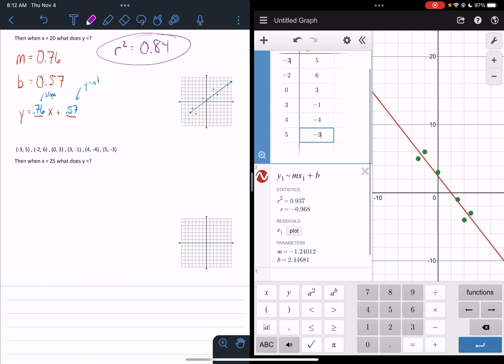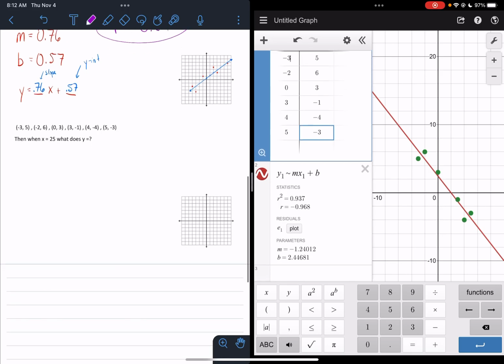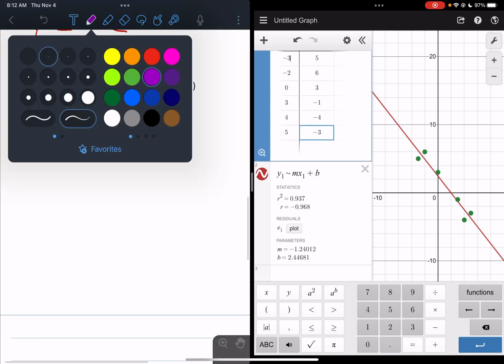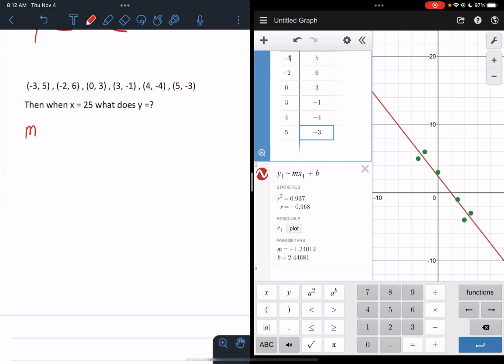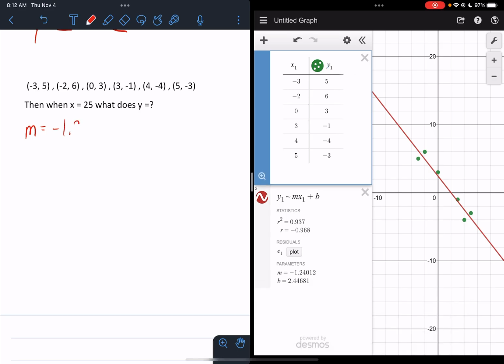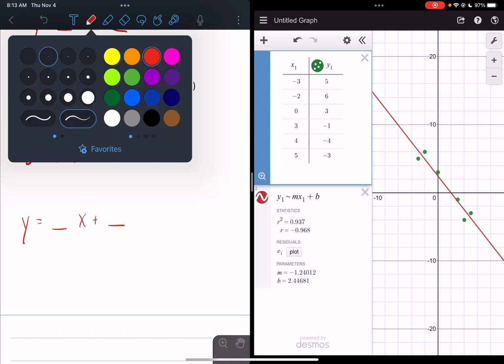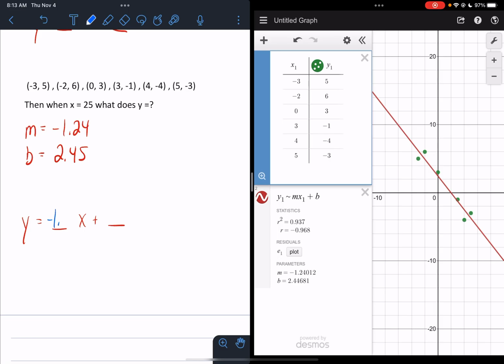It gives me my slope, it gives me my y-intercept, and it gives me my R value. So those are going to be the things that I write down. So m is my slope, which is -1.24. My b, which is my y-intercept, is 2.45. So again, when I write this out, my slope is -1.24, and that should make sense because it's a negative correlation.